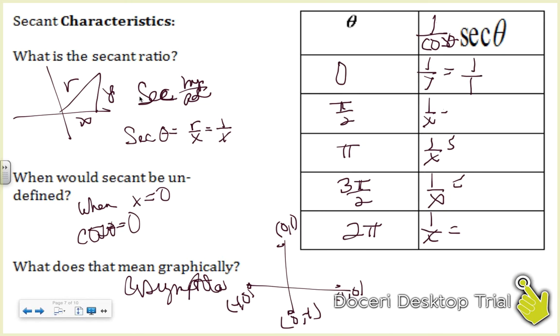So 1 over 1, 0 degrees would be that. Pi over 2 would be 1 over 0, so there's your undefined. Pi would be 1 over negative 1, which is negative 1. 3 pi over 2 would give you 1 over 0, which is undefined. And then 2 pi would give you 1 over 1, which is 1.